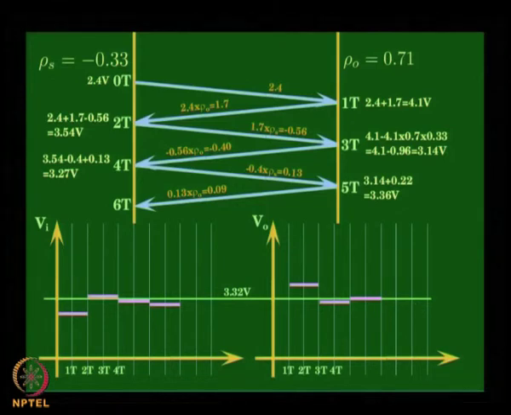Now, this is a serious problem, because if the overshoots or the undershoots are significant, it could switch off the subsequent stage. You could have bouncing effects, you could have double pulsing effects because of all these reflection problems.